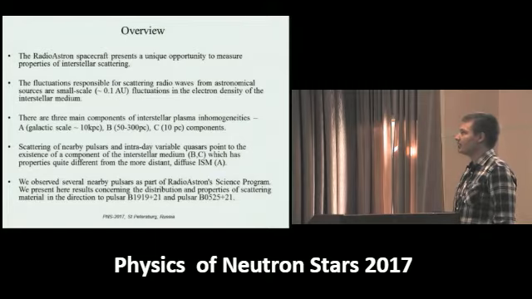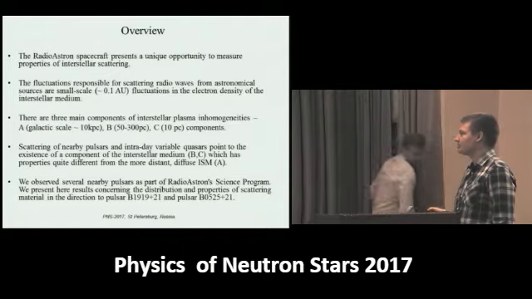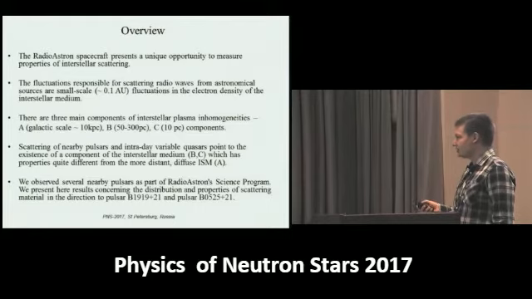There are three main components of interstellar plasma, and scattering of nearby pulsars and the intraday variability of quasars point to the existence of a component of interstellar medium which has properties quite different from the more distant diffuse interstellar medium. We observe several nearby bright pulsars as part of the RadioAstron science program. In this presentation, we present results concerning distribution and properties of scattering in direction to pulsars 1919 and 0525.